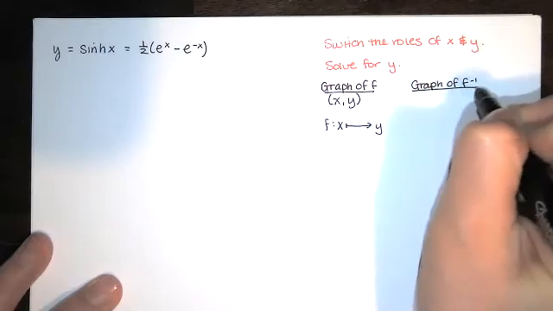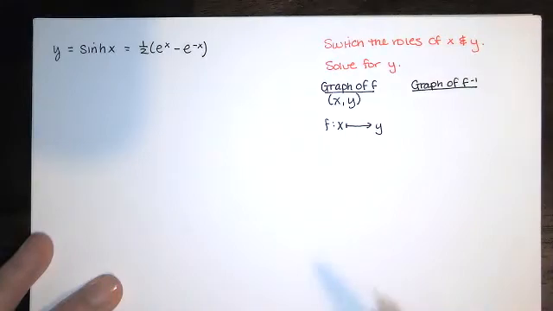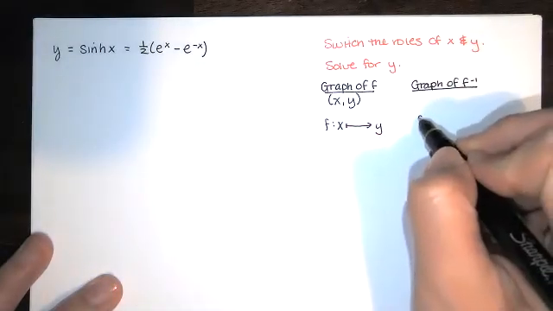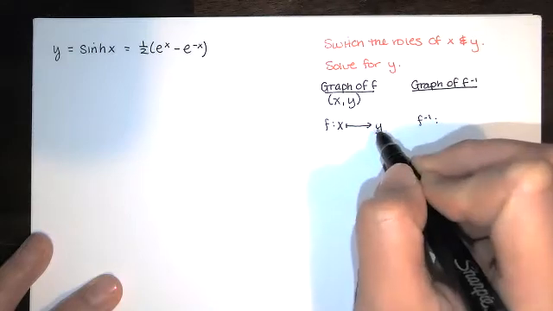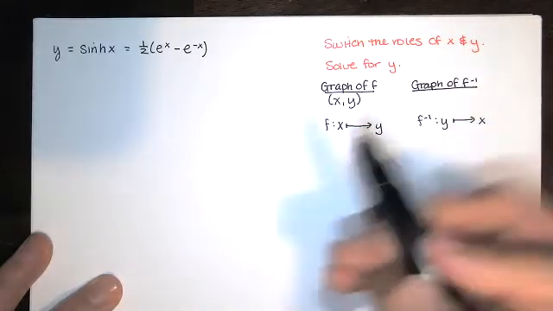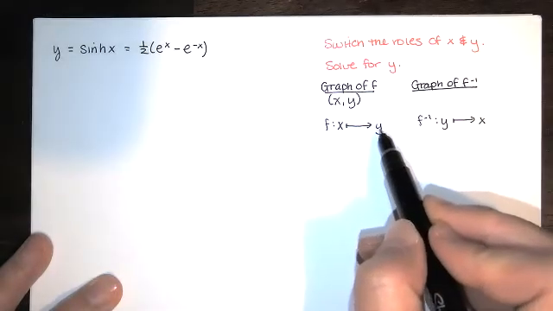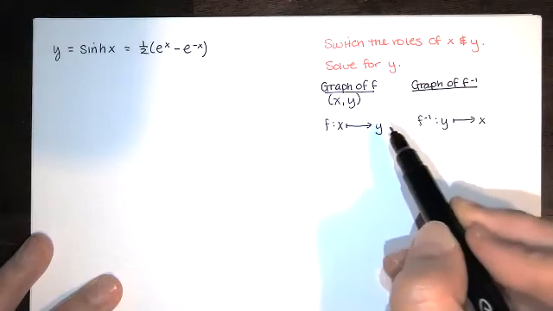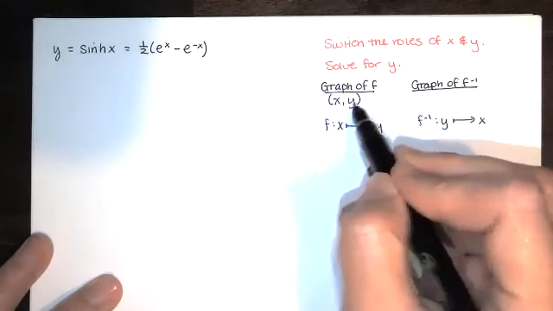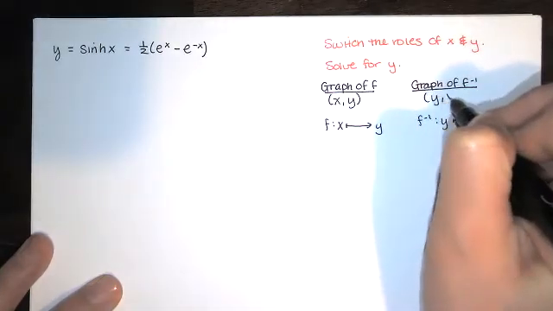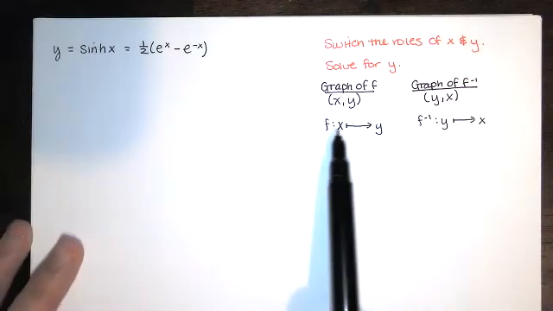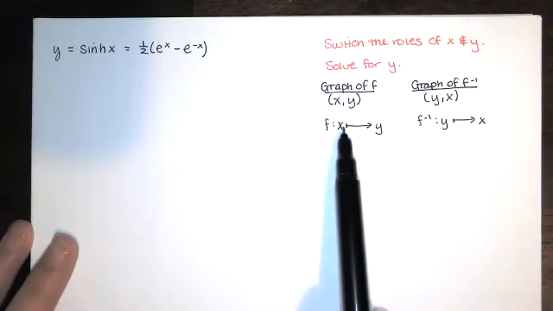If we're trying to undo that operation with f inverse, my f inverse graph has to take y, that result that we just found, and map it back to x. So if x goes to y and I'm trying to undo that, then I go from y back to x. The point (x, y) is on this graph if the point (y, x) is on this graph. And it's because of what we're trying to do. We're trying to undo that initial operation.